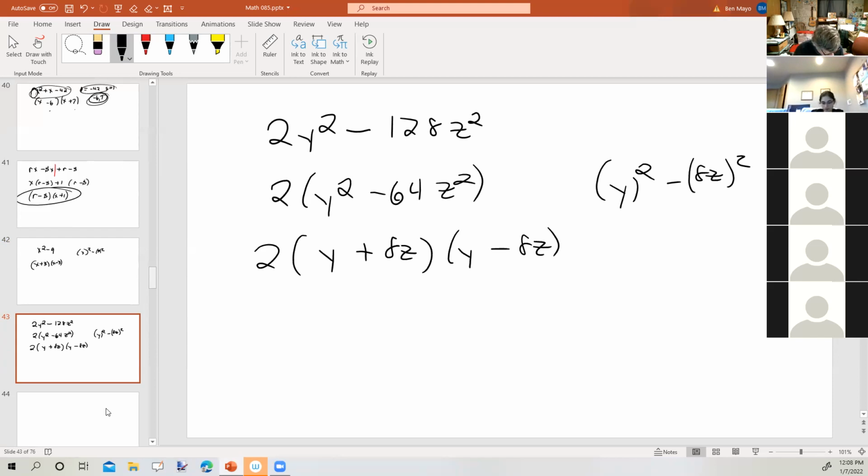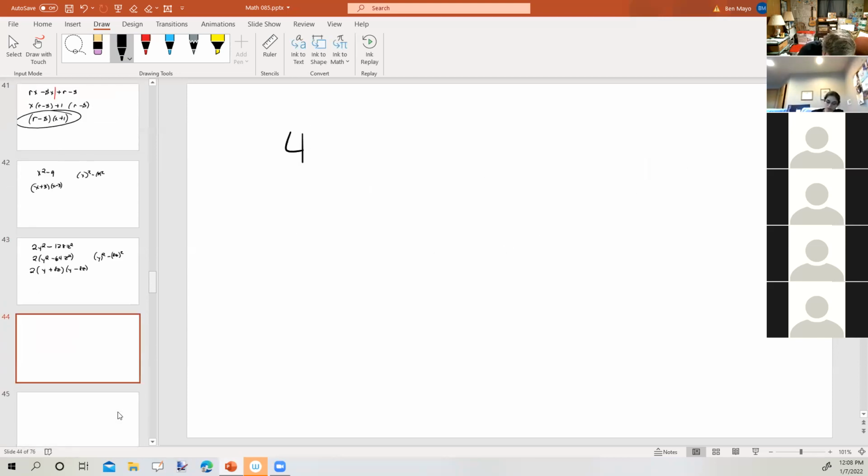How about this one? 4b squared minus 20b plus 25. This isn't a binomial, so it's not the difference of 2 squares. It's a trinomial. It's in standard form. It has no greatest common factor. The leading coefficient is not a 1.